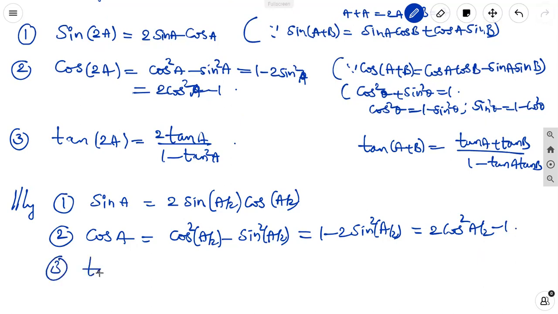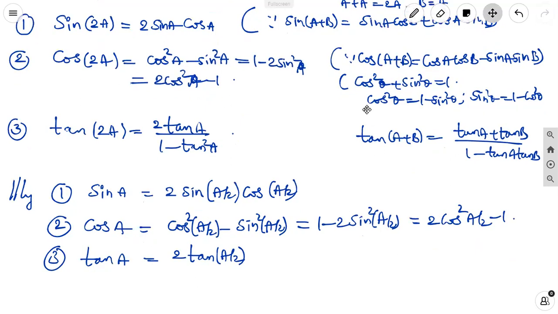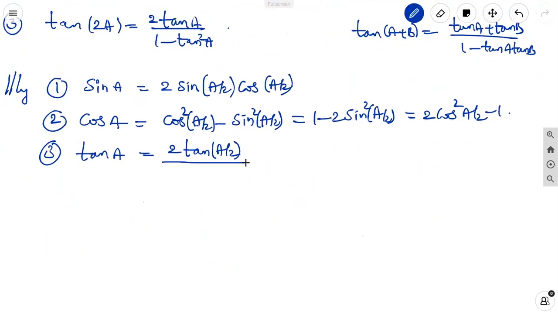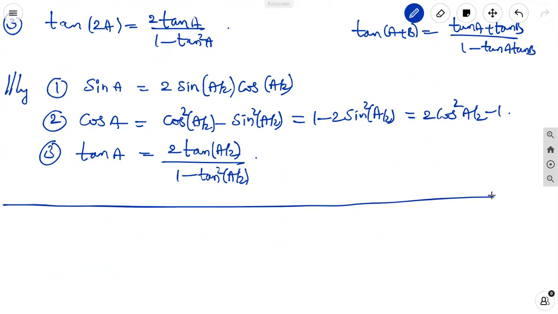The third one is tan A. Tan A equal to 2 tan of A by 2 by 1 minus tan square of A by 2. These are the basic formulas, and in a similar way for the multiple and submultiple of A and A by 2.